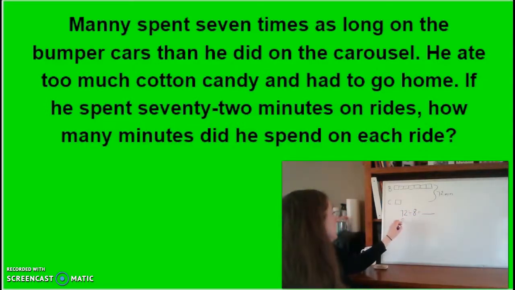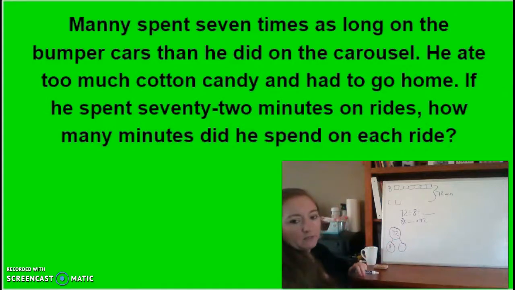It could also be 8 times some number equals 72. And if we use our number bond, it becomes 72. We have our first factor of 8, and we don't know what our other factor is. Okay? So what times 8 will give us 72?